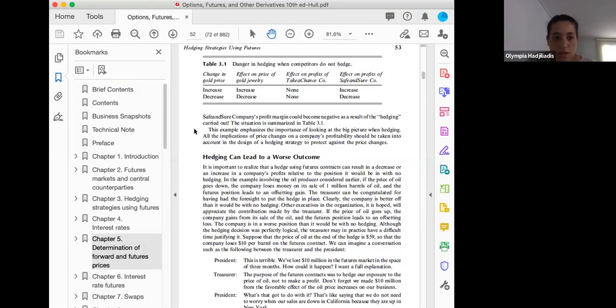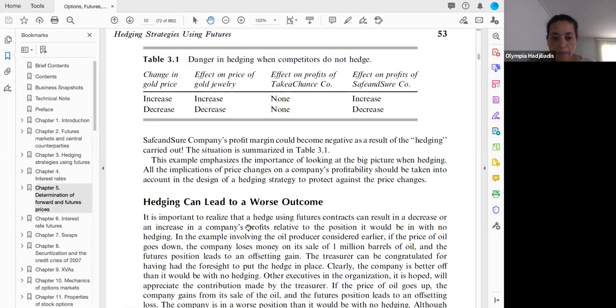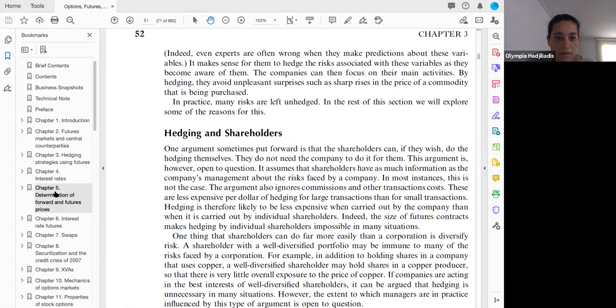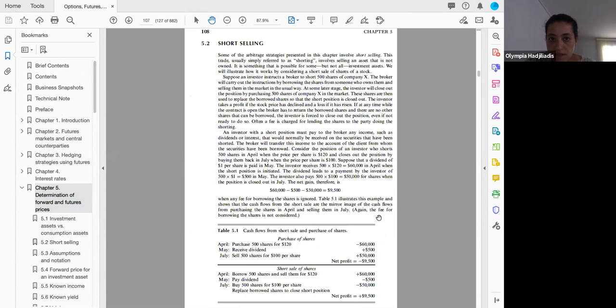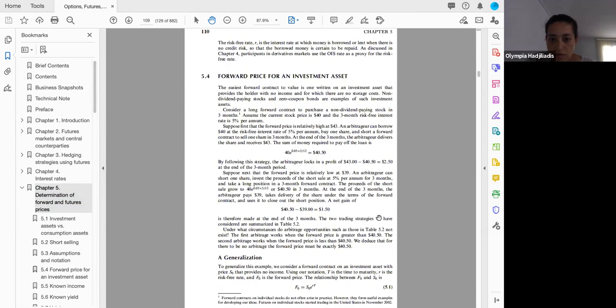This is the main formula in your book, one of the first formulas in your book.